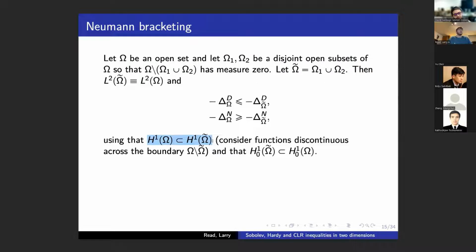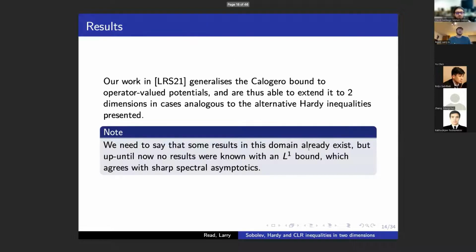If you consider the splitting, the Sobolev space H1 gets larger, because you can consider functions that are discontinuous on the boundary, a set of measure 0. It's easier to see in the opposite case, where you let your function go to 0 on the boundaries of omega 1 and omega 2, which gives the smaller H1 naught Sobolev space.